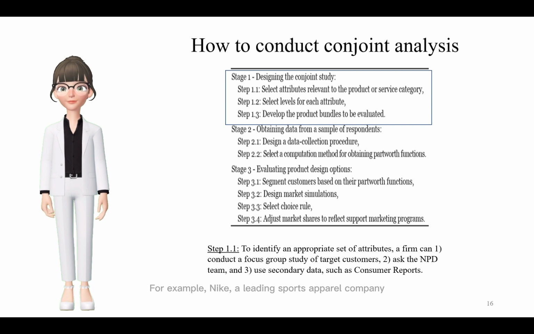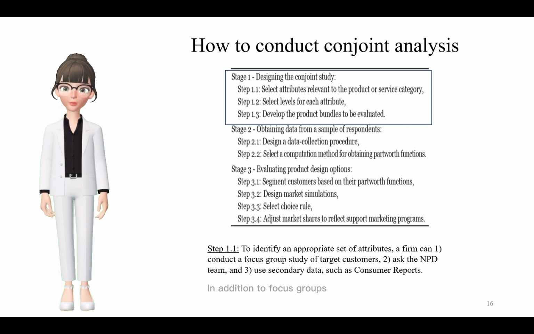For example, Nike, a leading sports apparel company, used content analysis to identify relevant attributes for their product development. Nike conducted focus group studies of target customers such as athletic and fitness lovers. In the focus group, the company asked customers about the features and benefits they look for in an athlete footwear and apparel, including aspects like comfort, durability, style, and performance.